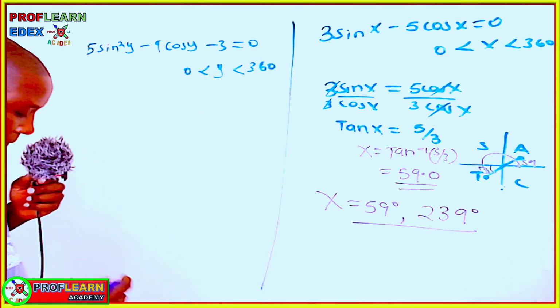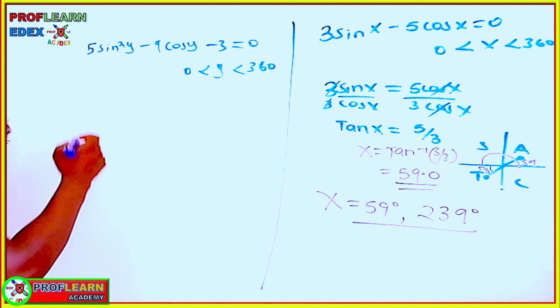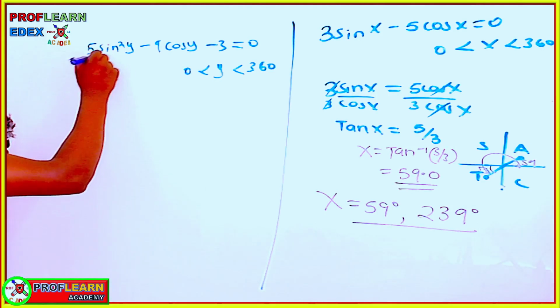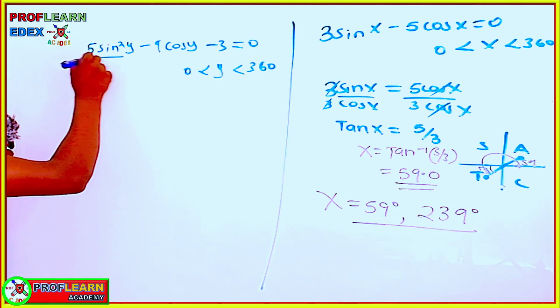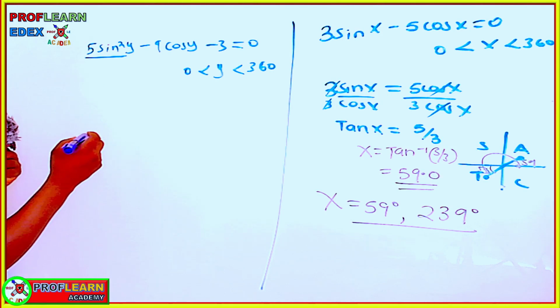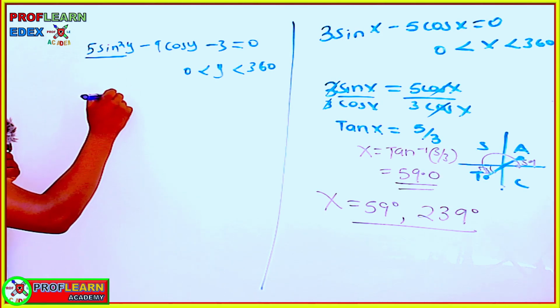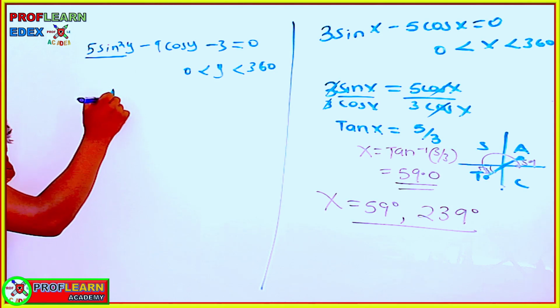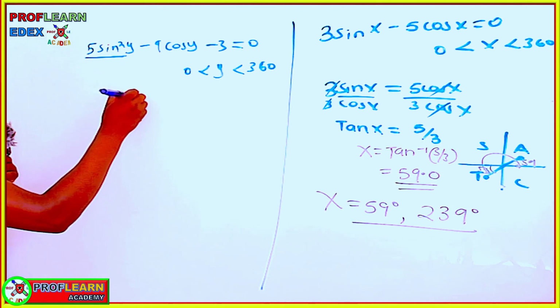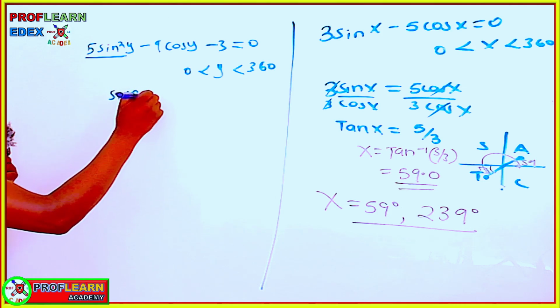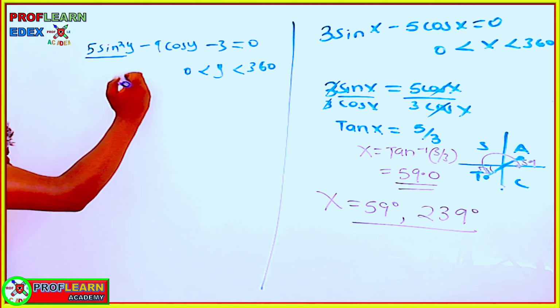And here, of course, we are going to use trigonometric identities. We know that sine squared theta plus cos squared theta equals 1, but let me just use y because it's y that's given here.